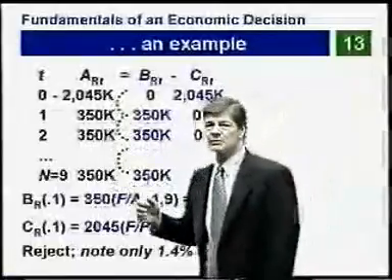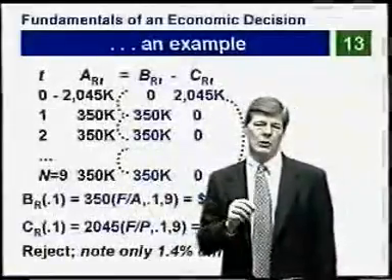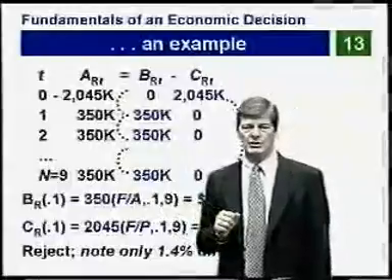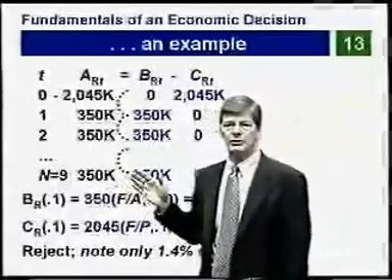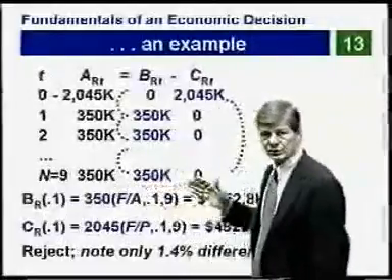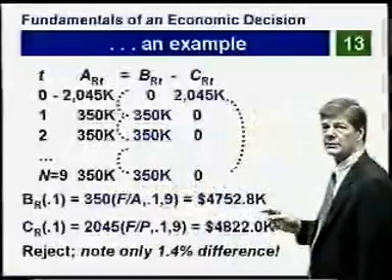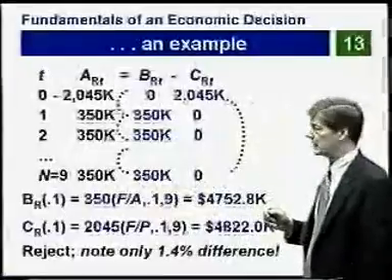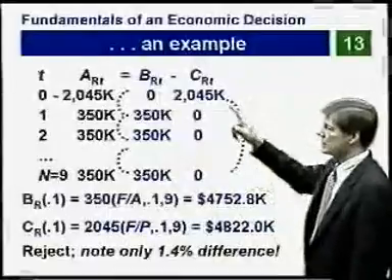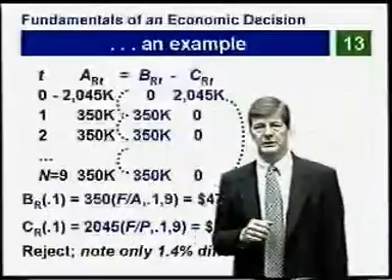This is basically beginning to address the notions of uncertainty, and we'll talk about that more in a lecture later in the course. But for now, assuming that these cash flows are accurate, it would suggest that even though they're only a small fraction apart, theoretically what it says is you're better off not investing in those robots and, in fact, taking the $2,045,000 and investing it elsewhere.